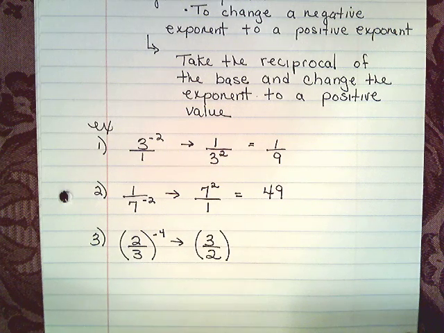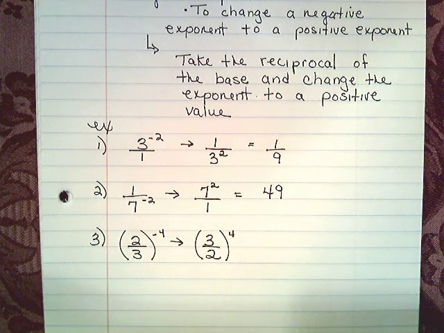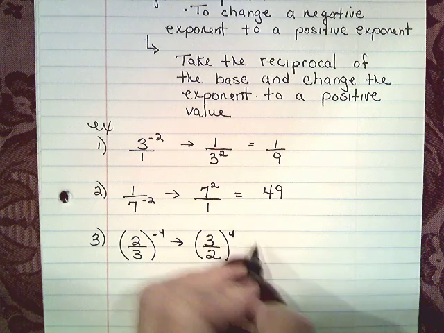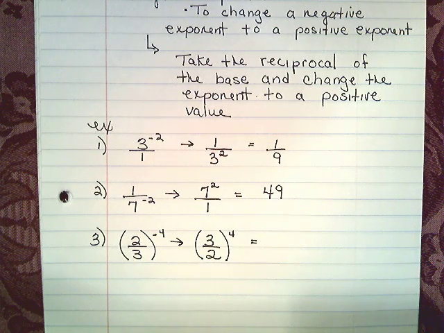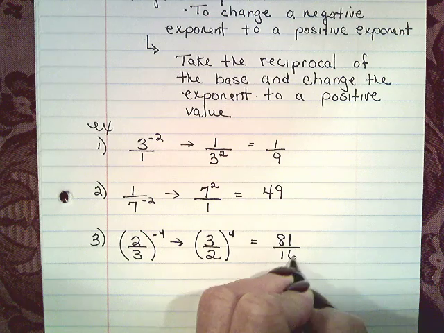I'm still keeping those parentheses around there because the whole fraction has to be multiplied by itself 4 times. So once I flip that numerator and denominator to its reciprocal, it becomes a positive 4. That is going to now be 3 to the 4th power and 2 to the 4th power. So that's going to give me 81 over 16.